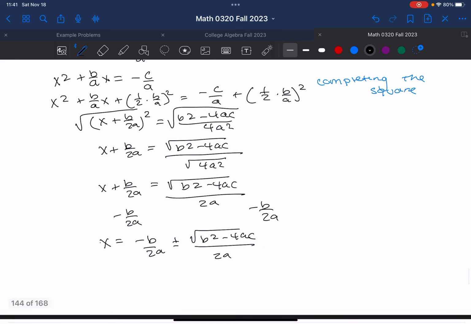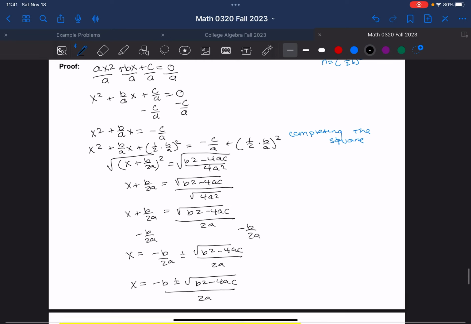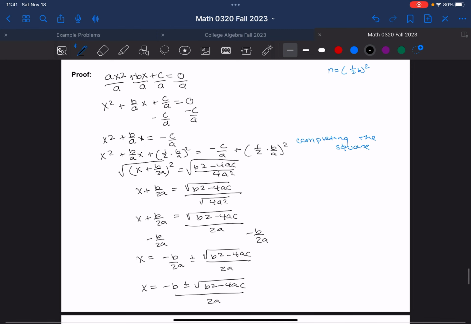Where they just combined those fractions, got x is equal to negative b plus or minus the square root of b squared minus 4ac all over 2a. So that's how they proved that this would work. They took the original standard form for a quadratic equation, manipulated it using rules that were already known to the mathematical world, and then they got the quadratic formula at the bottom.